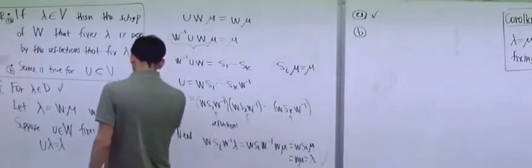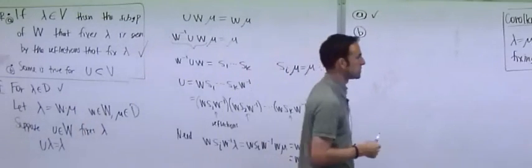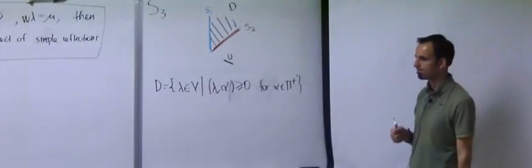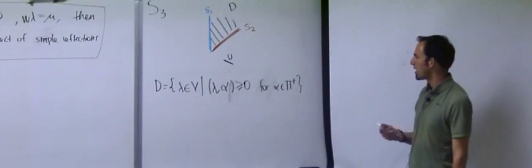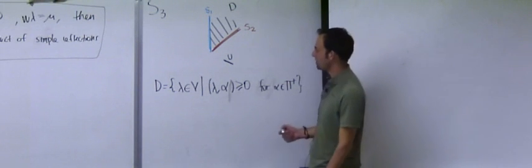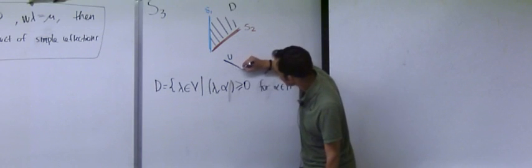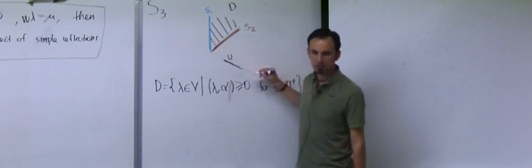Well, let's say, for example, that we go here. So this is my set U, and I want to know what elements of W fix this set U. Now you can imagine that if an element of W sends all of U to itself, then probably it's going to send maybe this also to itself and anything along this line to itself.